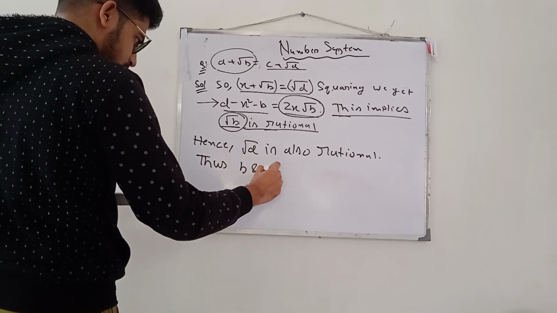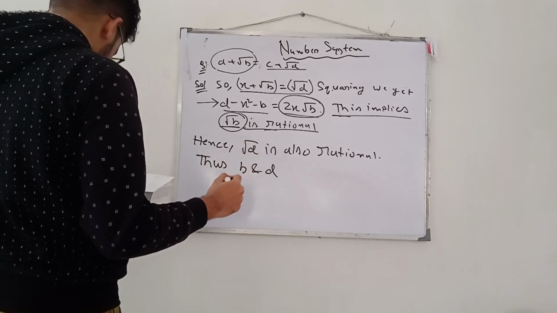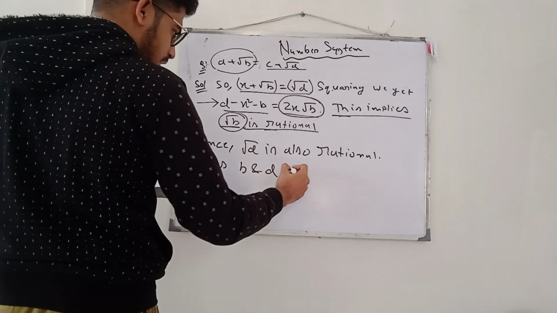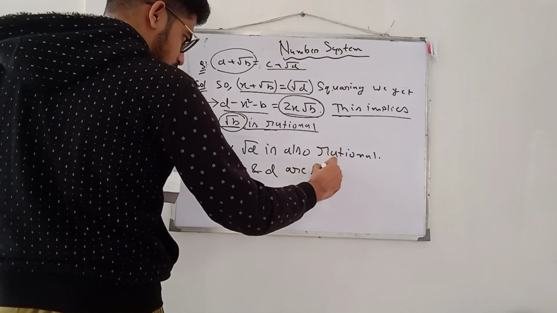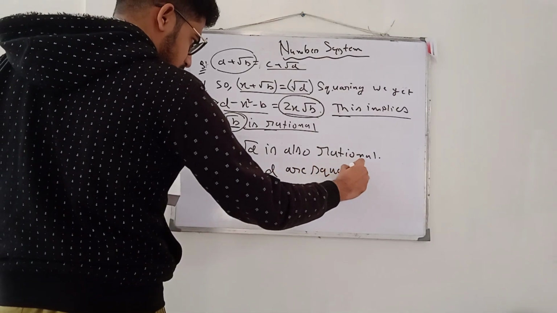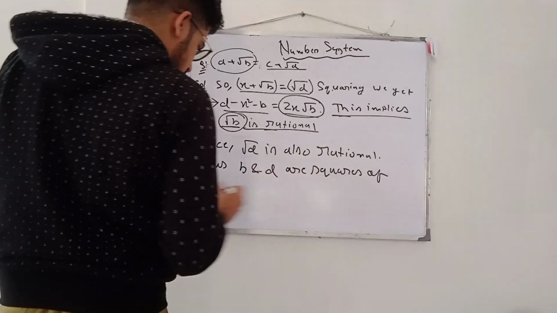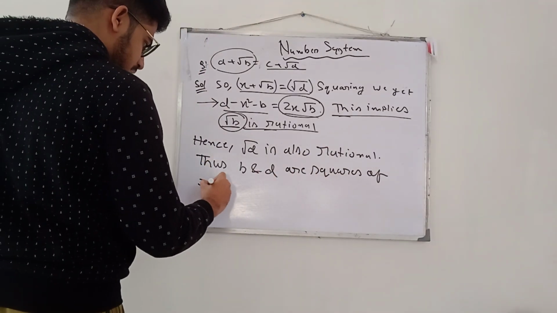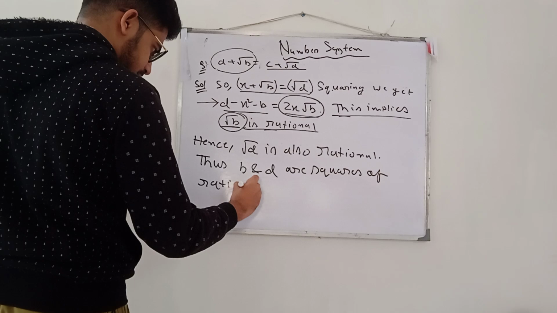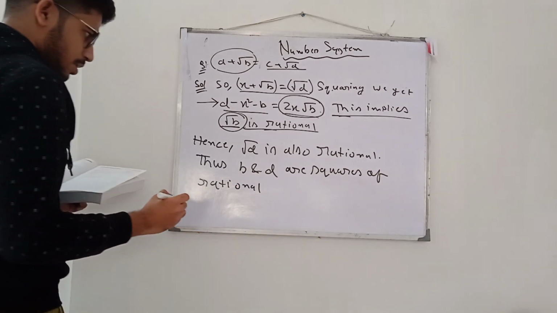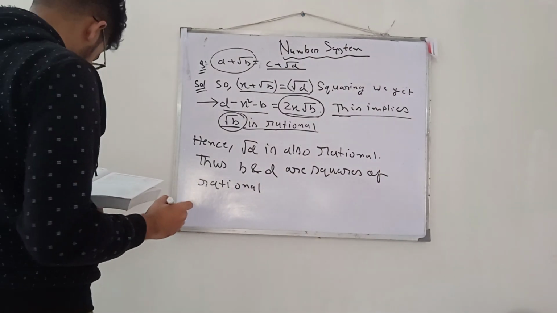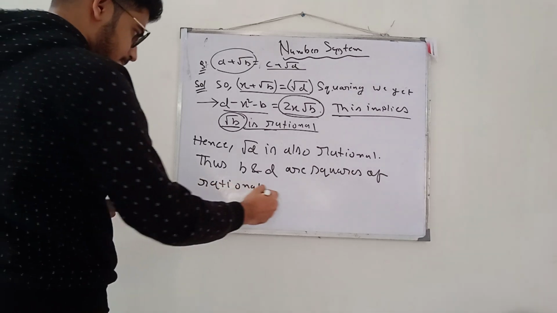Thus b and d are squares of rational. Hence the result.